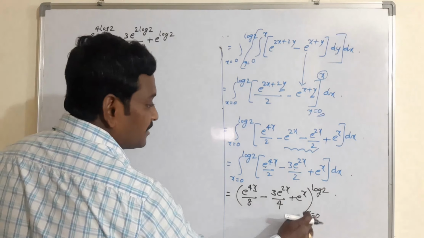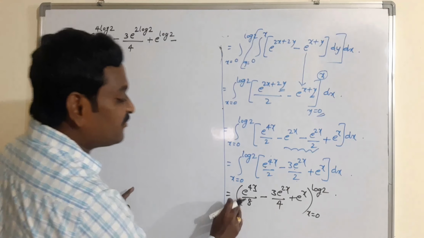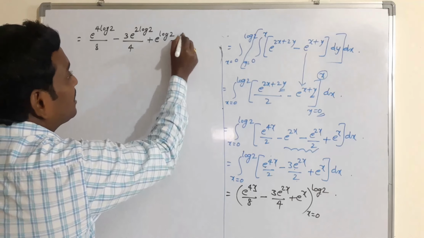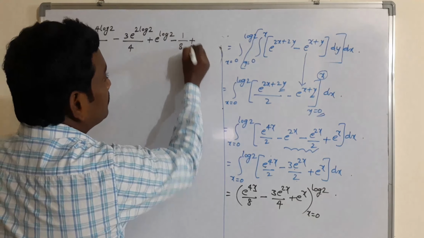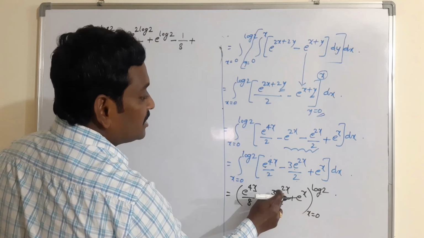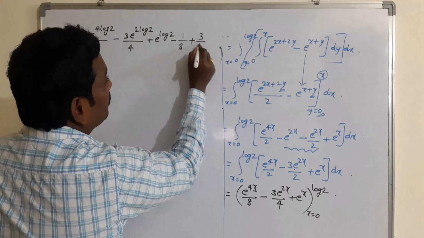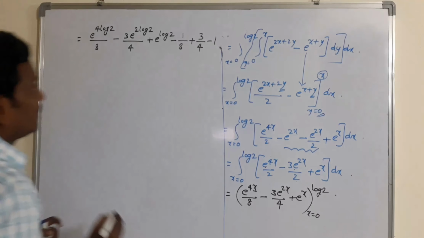Minus, apply lower limit now. Before applying lower limit, we should write the negative sign before the term. Don't forget it. E power 0, anything power 0 is 1. So 1 by 8, minus of minus plus e power 0 which is 1. Already 3 is there, so you will get 3 by 4. Minus e power 0 is 1.